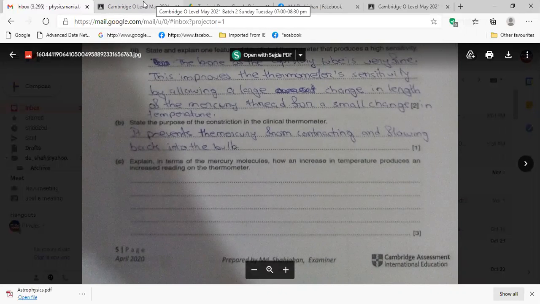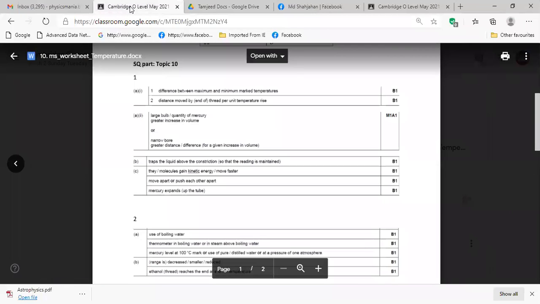So if they are moving a little bit more, then what happens? They are moving a little bit far apart. Then the distance between the molecules increases, right? Then if the distance between the molecules increases, what we see? We see that the volume increases, right? Volume of the liquid increases. Is it clear? Yes, sir.